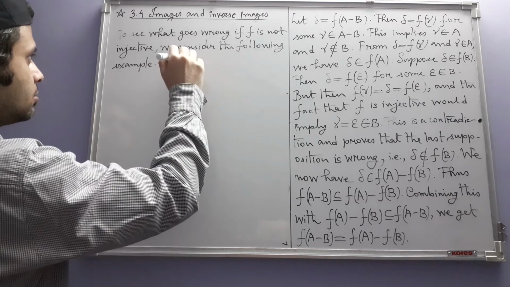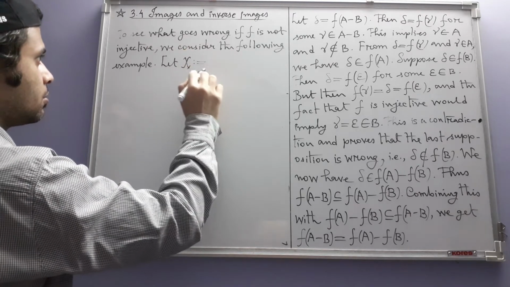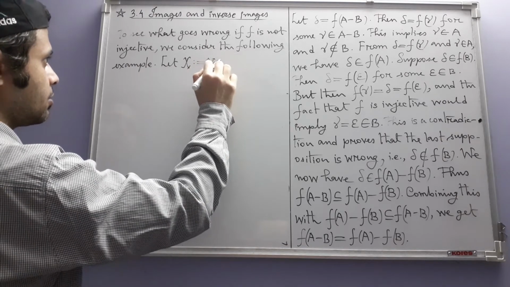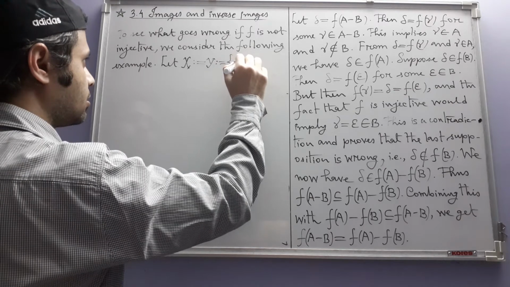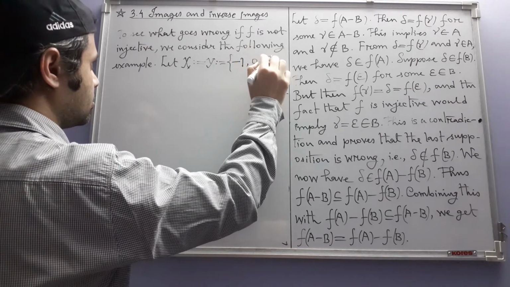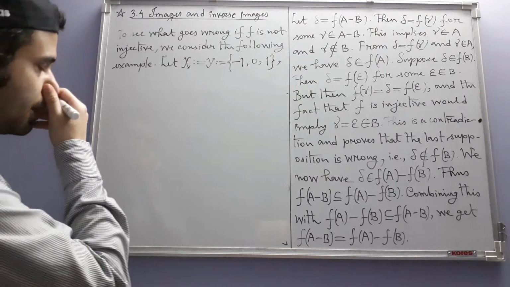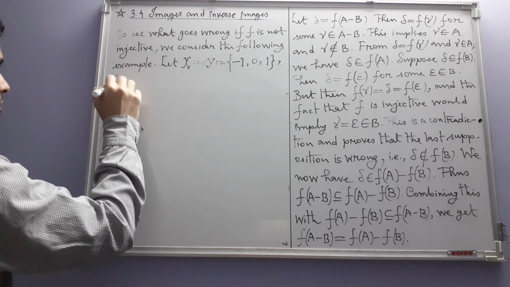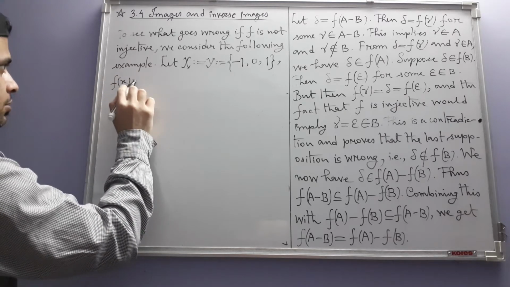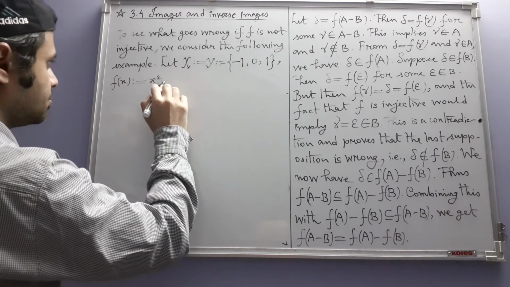Let X, and now X and Y are both the same set, the previous X that we already had in the second exercise. The function is also the same. The formula defining it is the same.